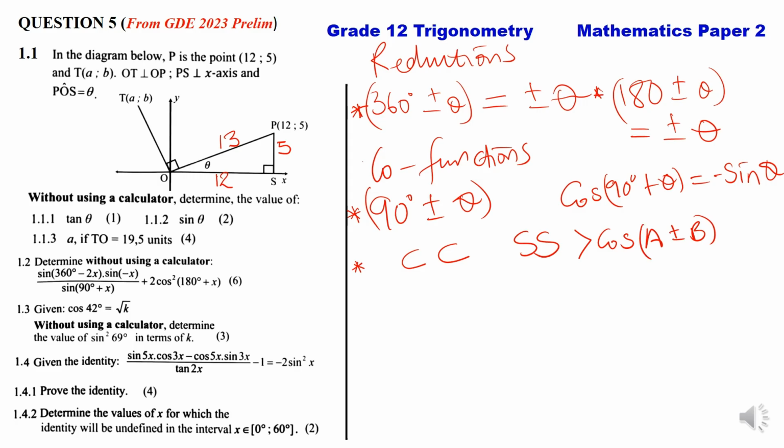If your expression is sine cos and then cos sine, then you must know that this is the compound angle for the sine of A plus or minus B. Those are my compound angles. The double angles are easy to see because when you look at them, you are able to see that an angle has been multiplied by 2.